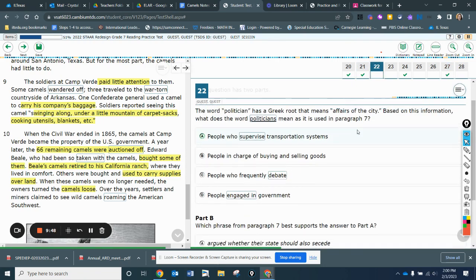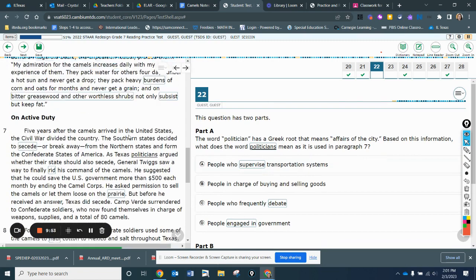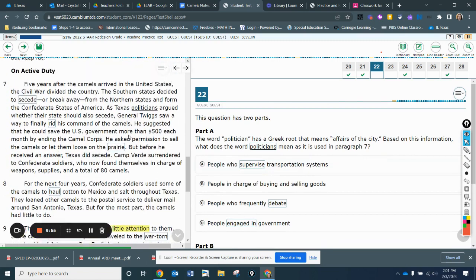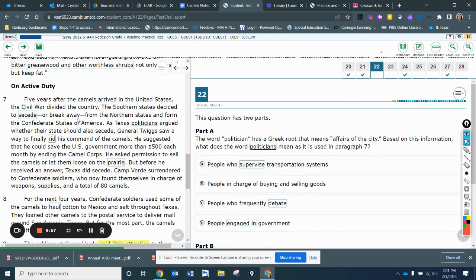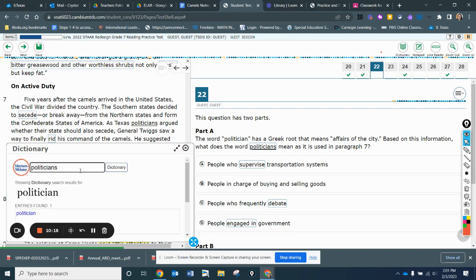Okay, did we finish all of these? I know we did this one. If you weren't here when we did this one, I'm just going to go through it really quickly to remind you. As Texas politicians argued whether their state should secede. Okay, when you have one like this, what does the word politician mean as used in paragraph 7? You notice it doesn't give us four different definitions. So when we have one like this without the four different definitions, bring your dictionary up and make sure you're using context clues and a dictionary.